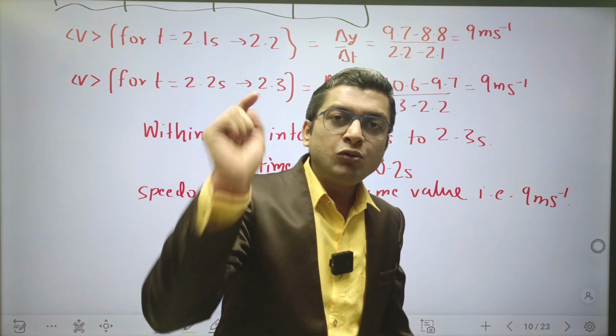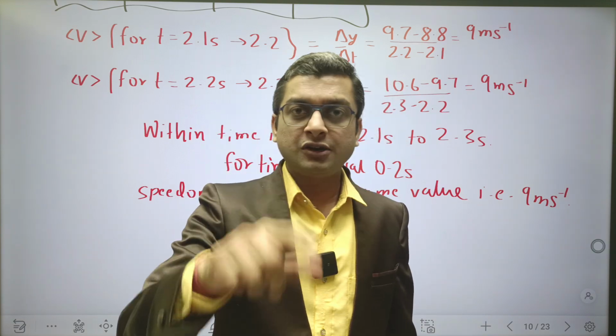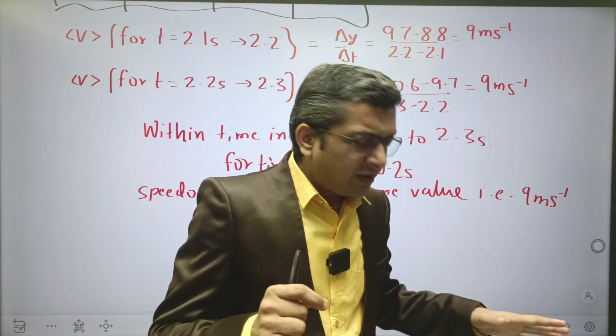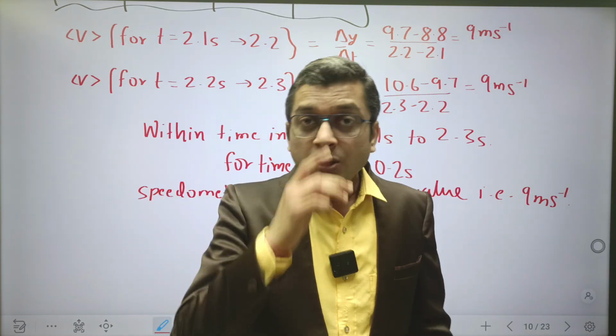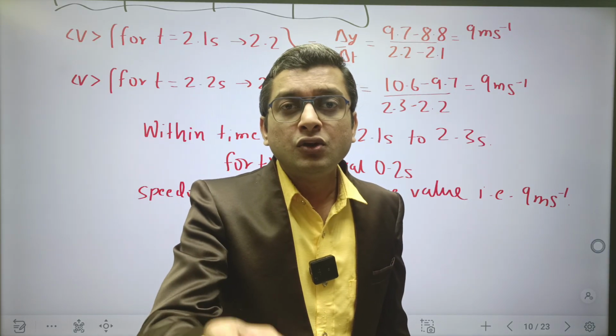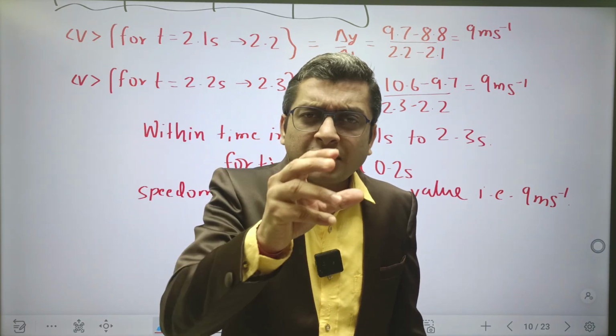No matter how little that time is, 0.1 second, 0.2 second, 0.3 second, no matter for how less time the speedometer holds the same value, you are able to read that value only because it holds the same value for some time. That some time is very less.